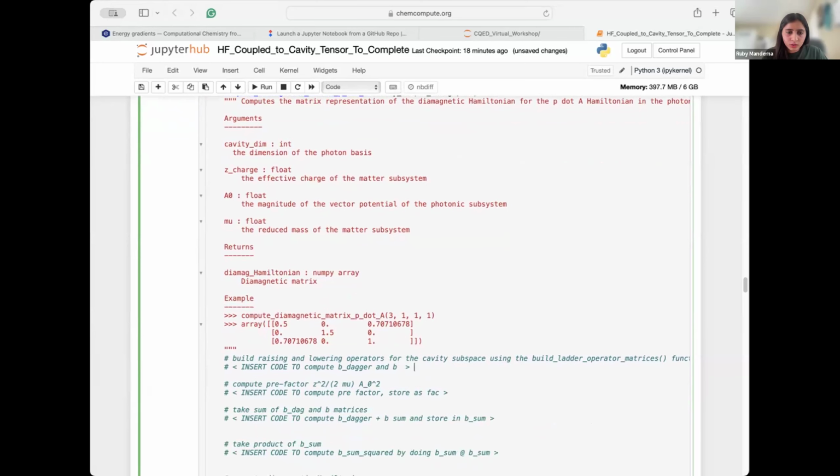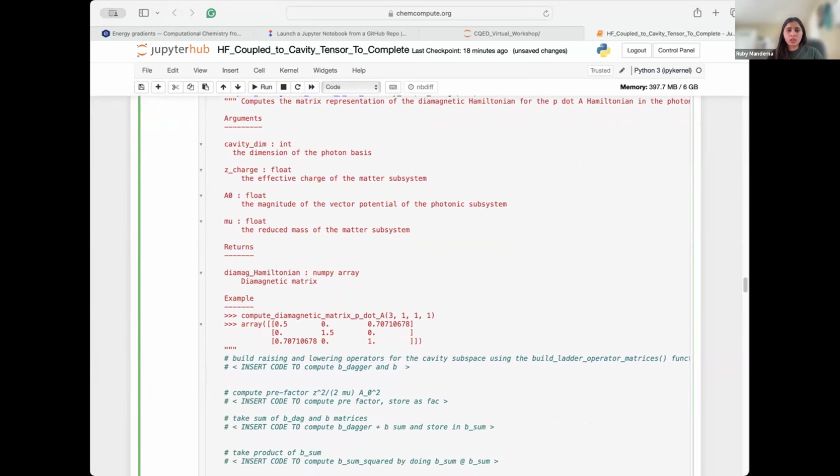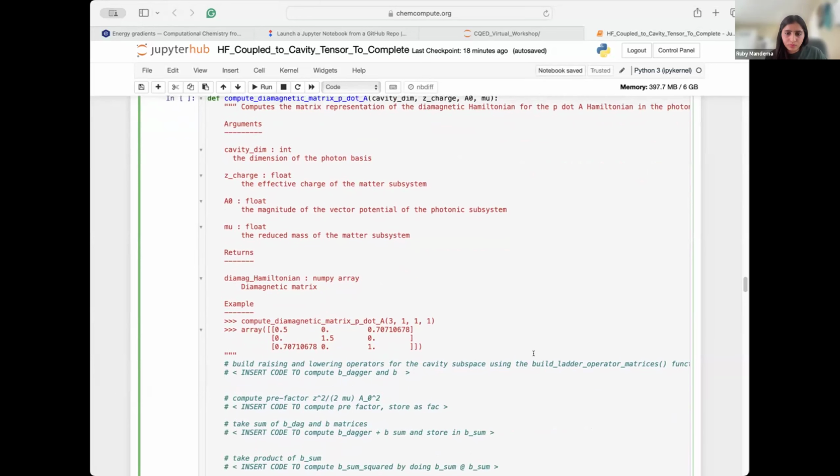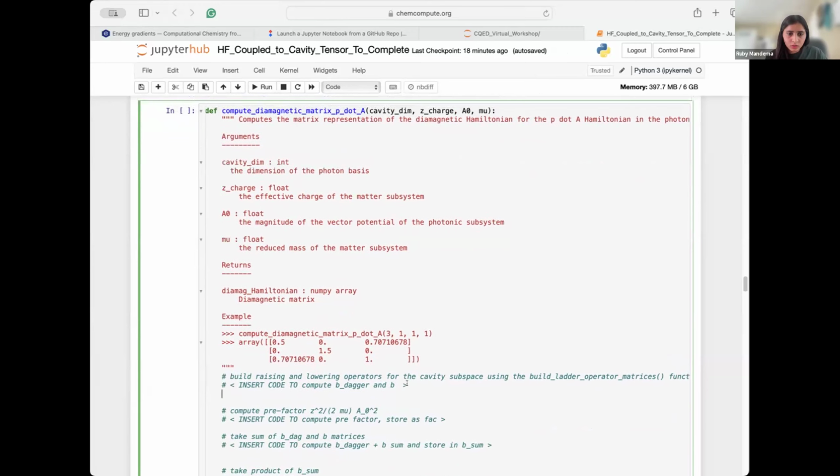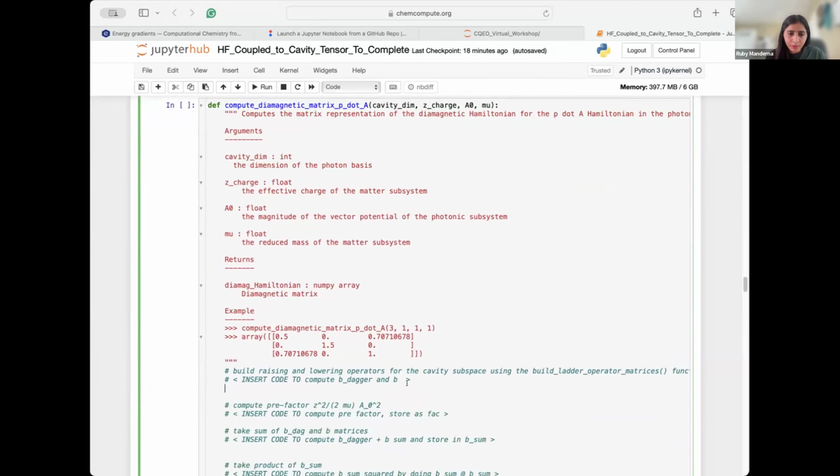So let's first call the ladder operator function so that we can have b dagger and b, and we will give the dimension of the cavity.